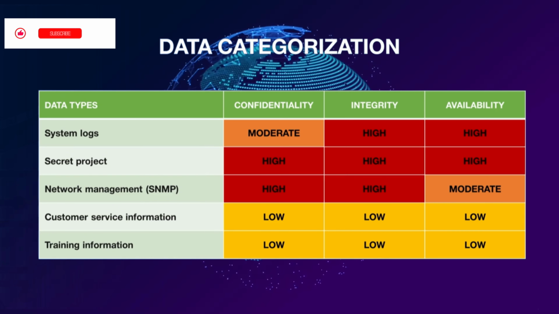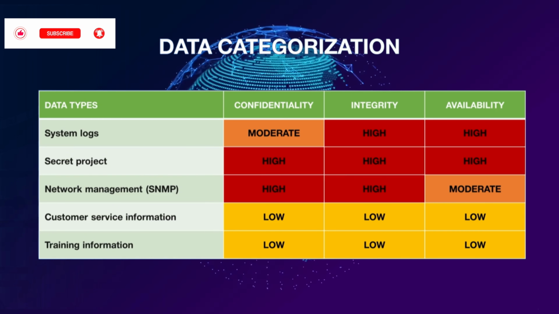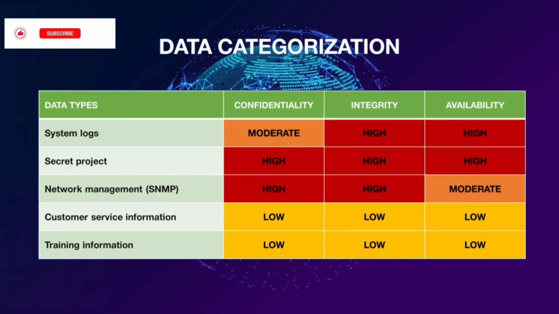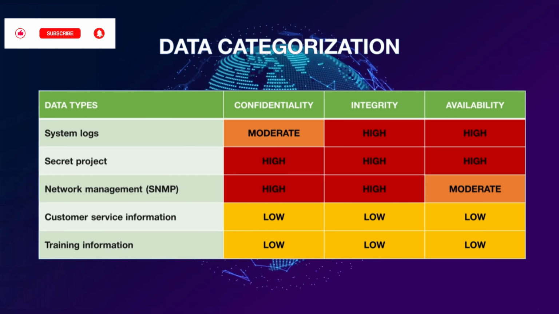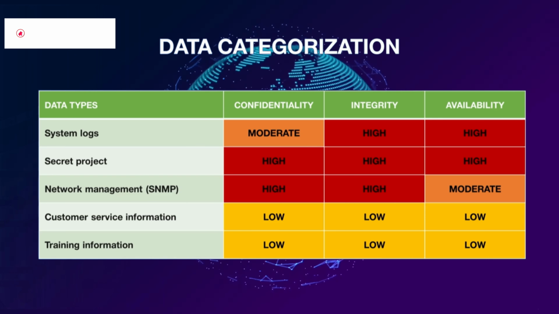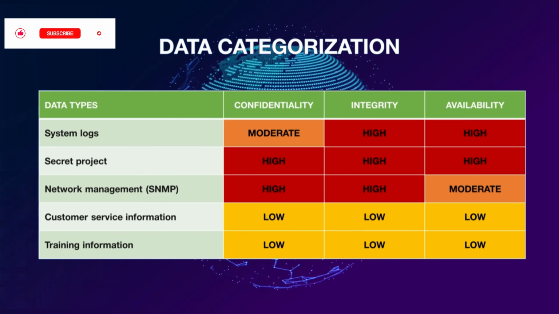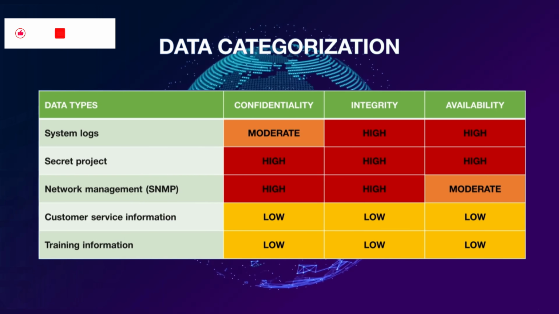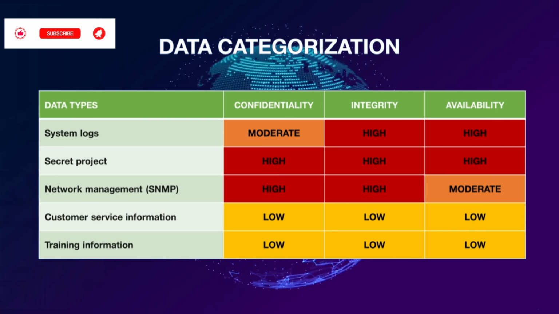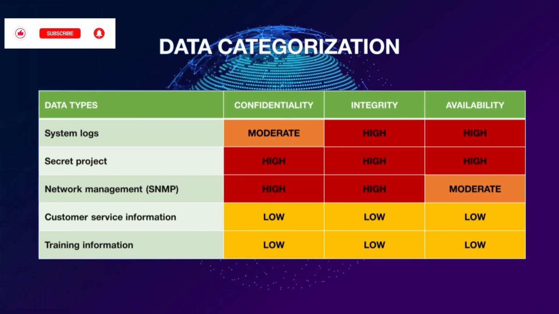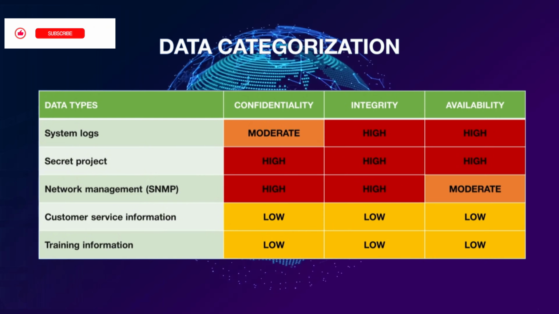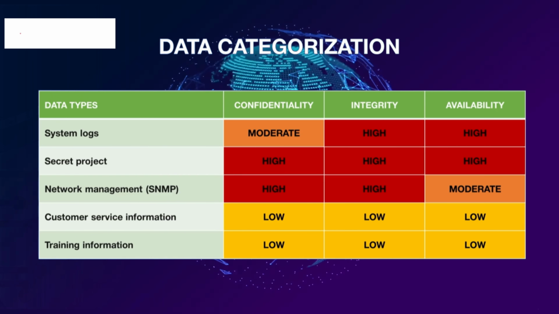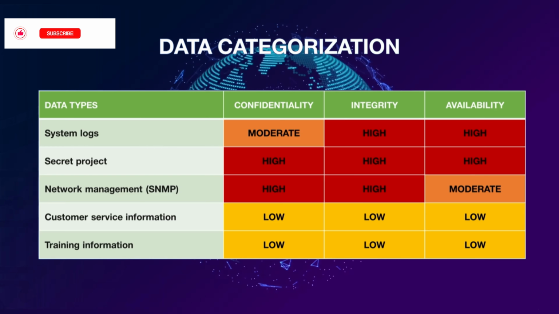However, if they were to change those logs, that would be a huge impact, because an intruder or attacker could possibly cover their tracks from a breach, a compromise, or some unauthorized action. Maybe people were visiting websites they are not supposed to go to, and now they are deleting that from their history. Things like that. So we are talking integrity at this point, and we want to maintain that integrity.